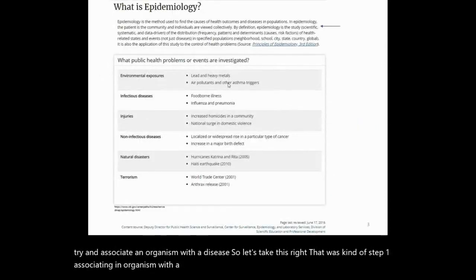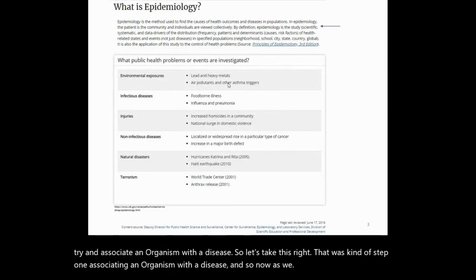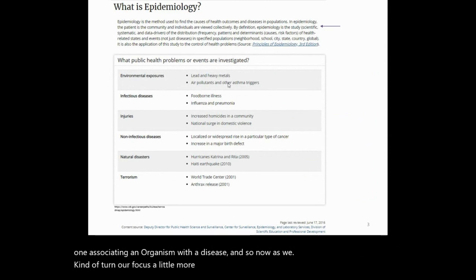And so now, as we turn our focus a little more towards epidemiology, we are looking at the distribution and determinants in specified populations when it comes to pathogens and diseases.